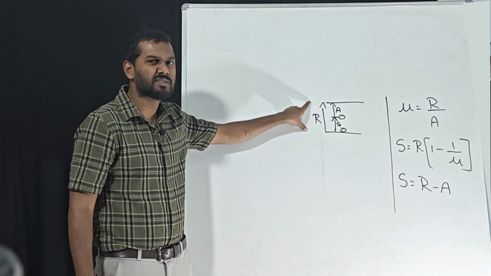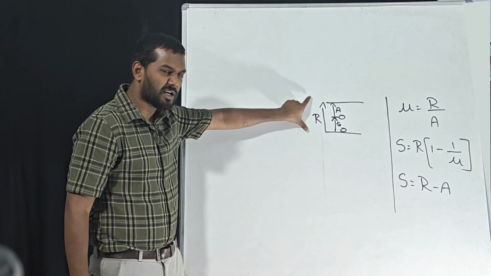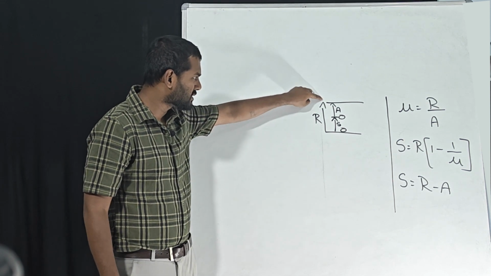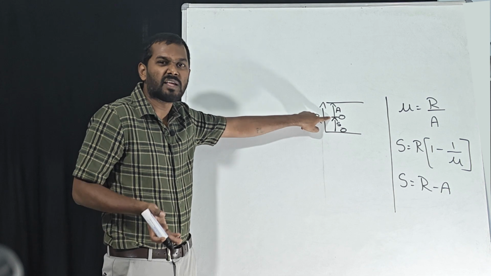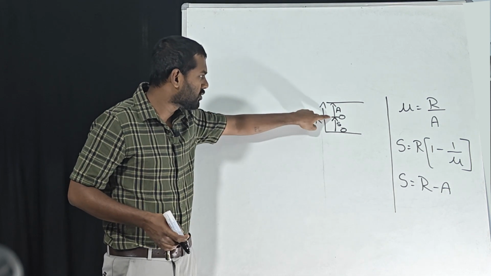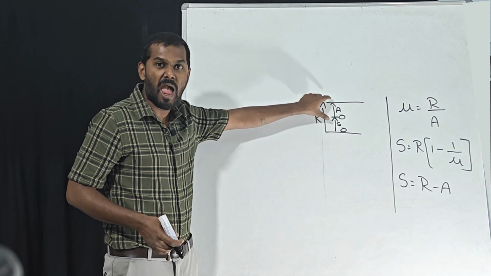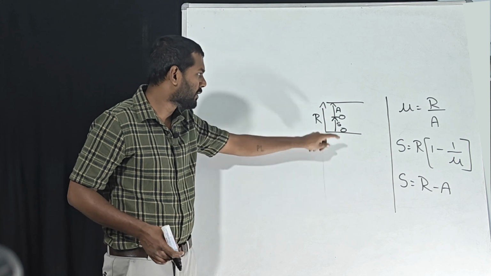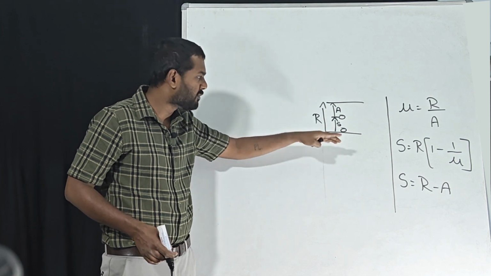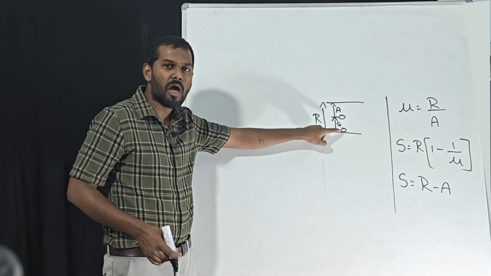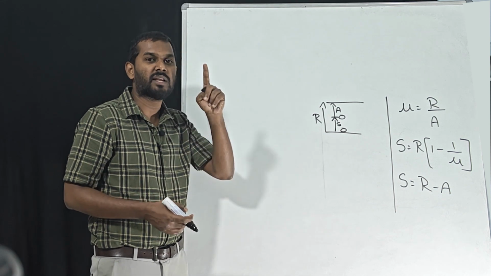This understanding you should know. This is the real depth from the surface to the object. From the surface to the object, how much it has raised, that is apparent depth. Next, how much it has raised from the real depth, from the bottom, that is shift.